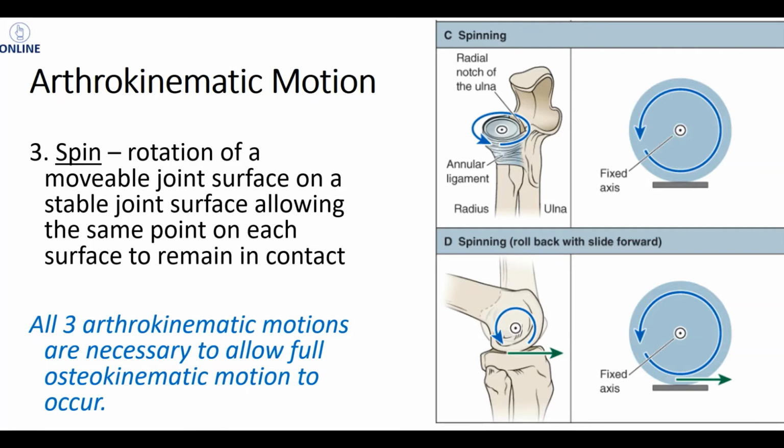Now, depending on the joint and depending on the motion and depending on what is going on pathologically with your individual, you may get more or less of these motions. So someone may glide more than they spin, or someone may do more of a roll because they're missing a glide, or things like that may occur. So we can do motions to that. But I do think this is an important point here.